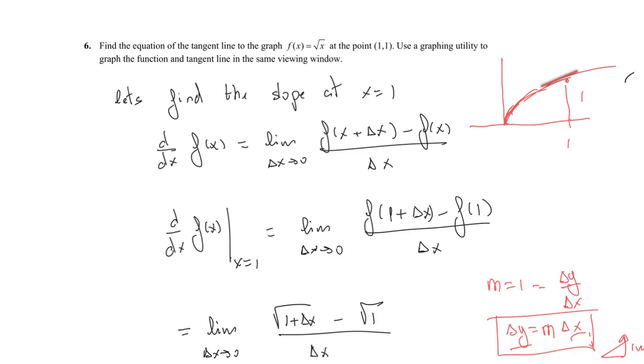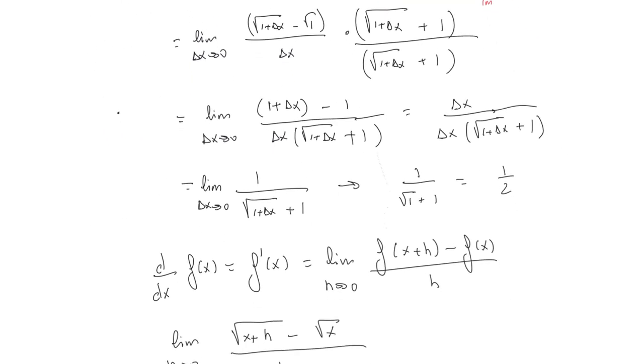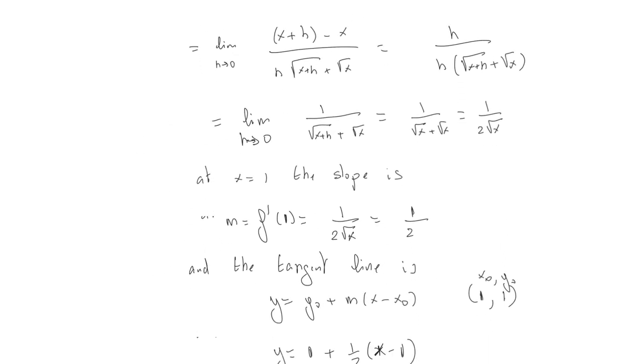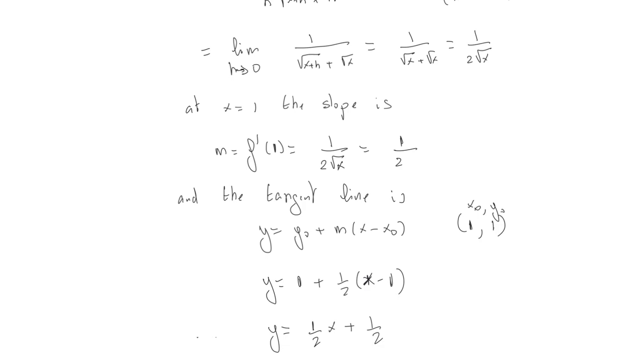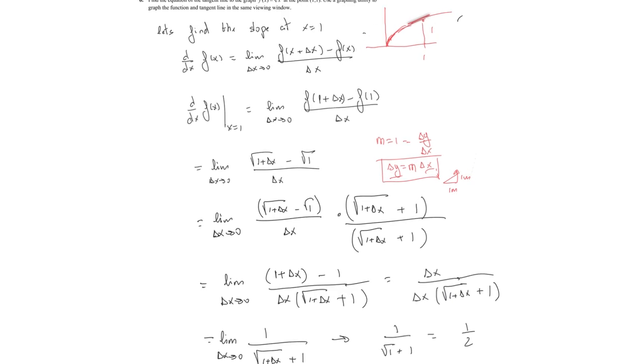If you do the calculation, it's long, and you will obtain that the slope is 1/2. Let me see if I can do the calculation faster than this. So I have to do this limit: square root of 1 plus delta x minus the square root of 1, that is f of 1 plus delta x minus f of 1, divided by delta x.